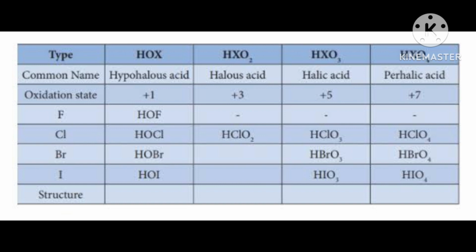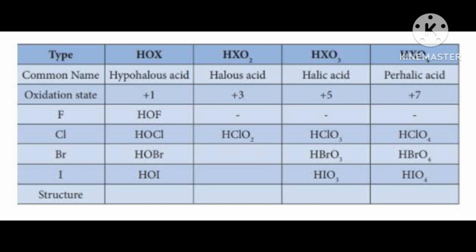Now the oxyacids of bromine. Hypobromous acid, HOBr. Here bromine has +1 oxidation state. After that there is no third, direct fifth, HOBrO2, 3 oxygen, and oxidation state is +5.